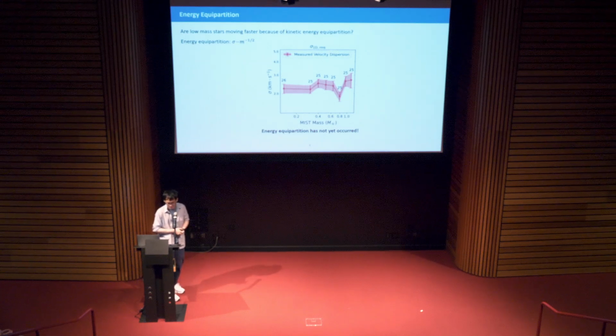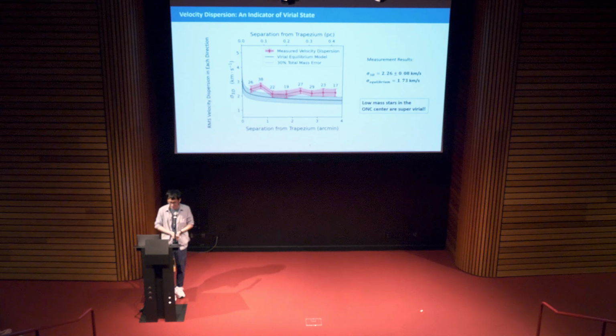Another reason is that energy equipartition describes the velocity dispersion as proportional to the inverse square root of the mass, which in a log-log plot should show a negative 1/2 slope. But the measurement painted in red clearly does not show this negative 1/2 slope. So we conclude that this downward trend is not because of energy equipartition, and it has not occurred in the ONC.